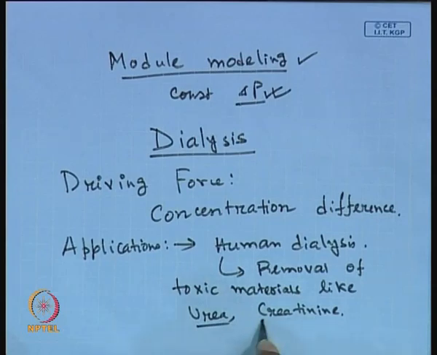Now, they have lower molecular weight. So, we have to select a membrane which will be around in the order of, let us say, 3000 to 4000 cutoff, or even, let us say, in the order of 10 to 12,000 cutoff molecular weight.